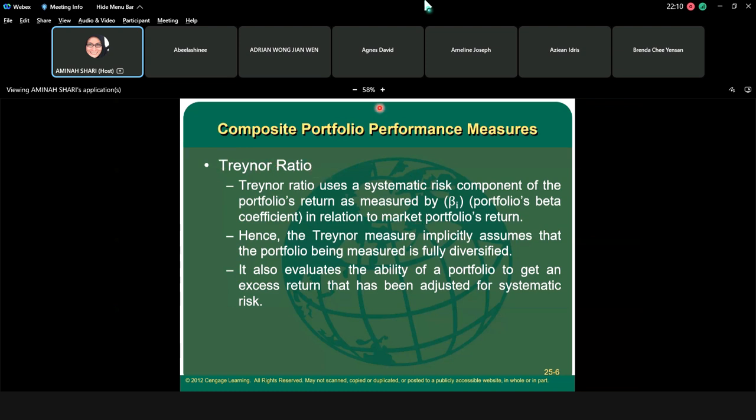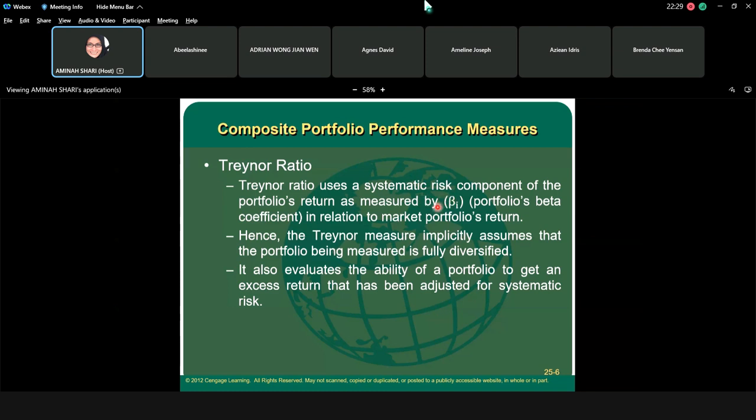We have the Treynor ratio. Sometimes some people also call it the Treynor performance measure. There are many names, but the basis is Treynor. The Treynor ratio uses the systematic risk component of the portfolio return as measured by beta.